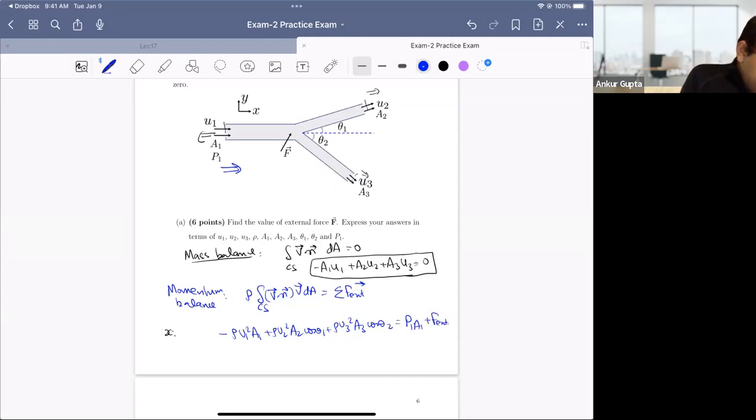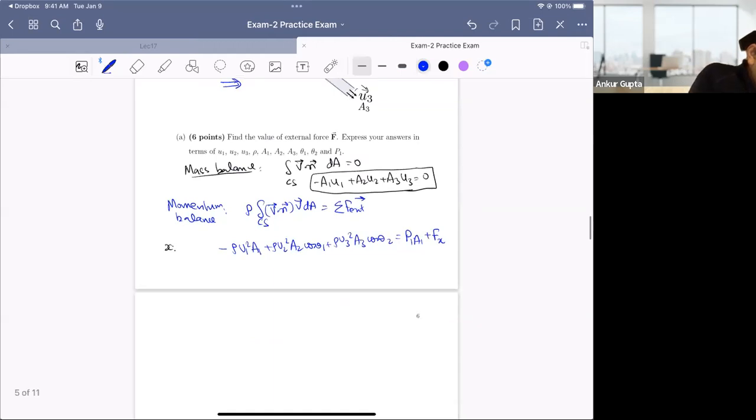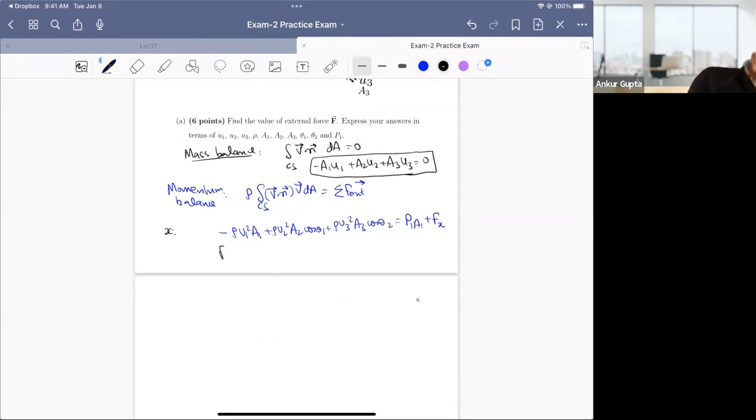So whatever is remaining, F of x, the x component of the F vector that has been asked. So essentially, I have F of x as P1 A1 plus rho U1 square A1 minus rho U2 square A2 cos theta 1 minus rho U3 square A3 cos theta 2. All right.